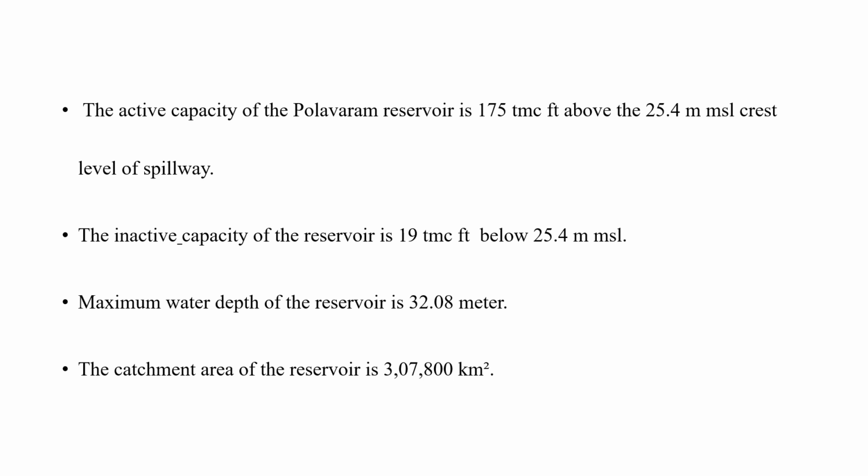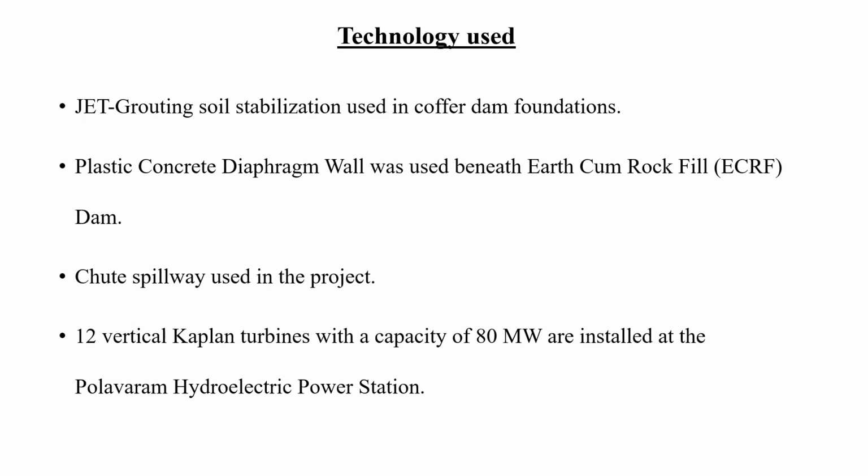The inactive capacity of the reservoir is 19,000 million cubic feet below 25.4 meter mean sea level. Maximum water depth of reservoir is 32.08 meter. The catchment area of the reservoir is 37,800 kilometers square.